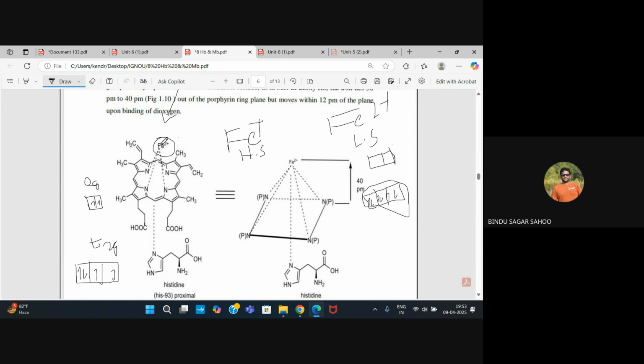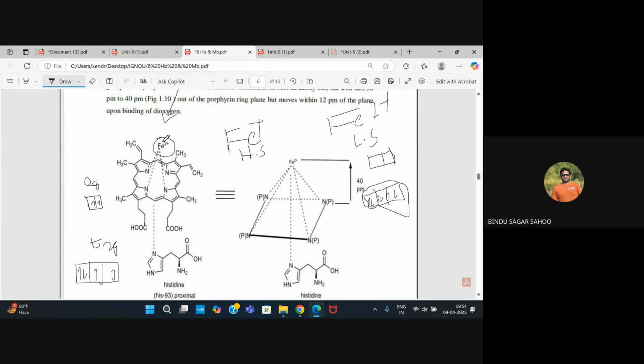So in this condition, now Fe can get shifted towards the plane. Now it cannot form a dome type structure. In this condition, Fe comes towards this plane, or comes towards the cavity of the ring. It can form a dome structure when Fe2+ is in a high spin condition, or is not coordinated with the oxygen molecule. But when it is coordinated with the oxygen molecule, its configuration will change.